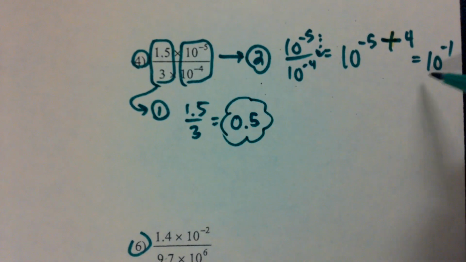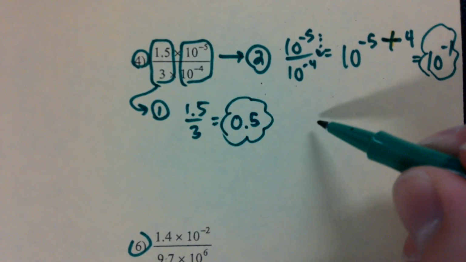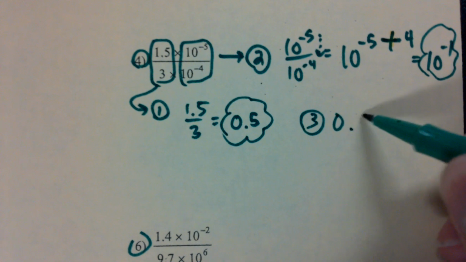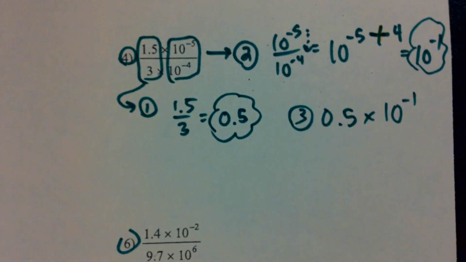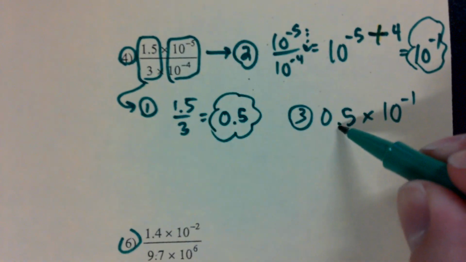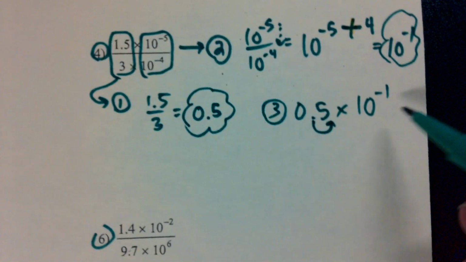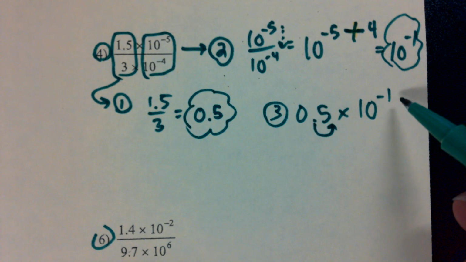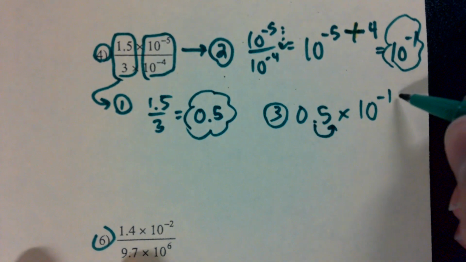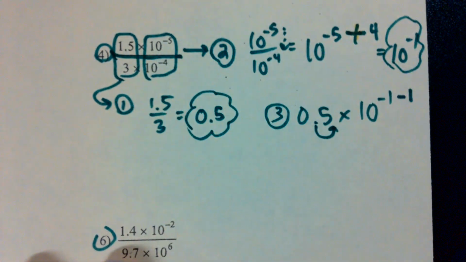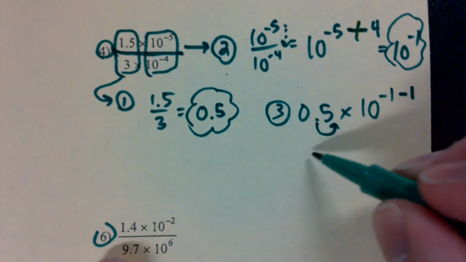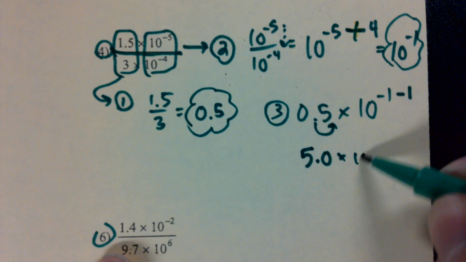So 0.5 times 10 to the negative 1 is close to our final answer, but what must we do now? Move the decimal how many spaces? 1 space. And then I'm going to add 1 to my exponent, right? No, I'm going to subtract 1 because, again, we are dividing our numbers. 5.0 times 10 to the what?